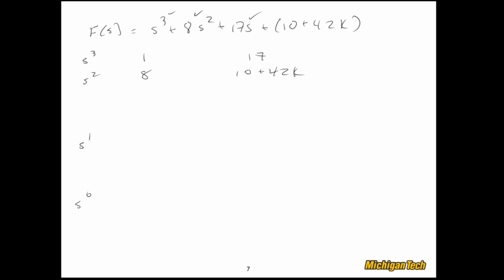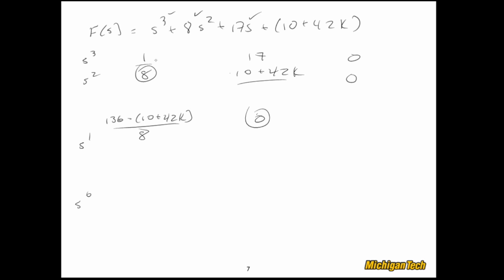Now let's go through and get this S1 row. I'll have 8 times 17, that's 136, minus this times that, so that's minus (10 plus 42K), all divided by this, which is 8. Not much I can do there. To get this element, I would pad these two rows with zeros, and I'd get 8 times 0 minus 0, so I just get 0.